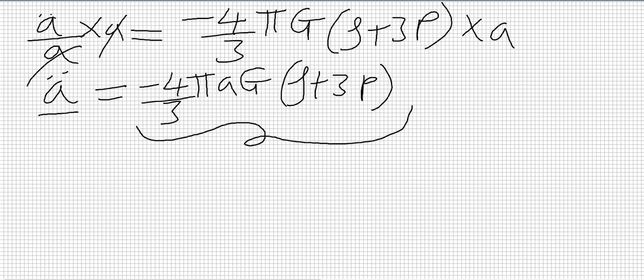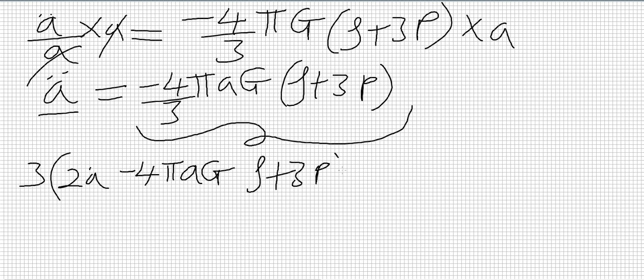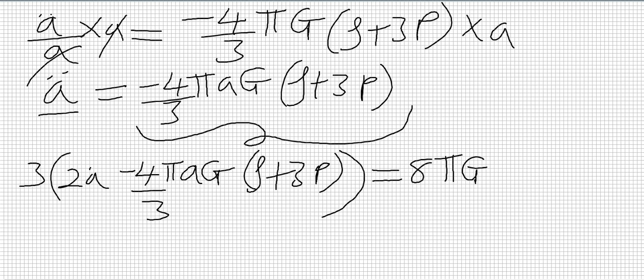Doing that, we get 3 into 2 a dot, negative 4 pi a G, is equal to 8 pi G into, looking at the new equation on the left hand side.